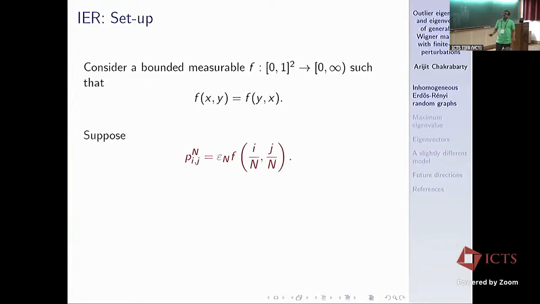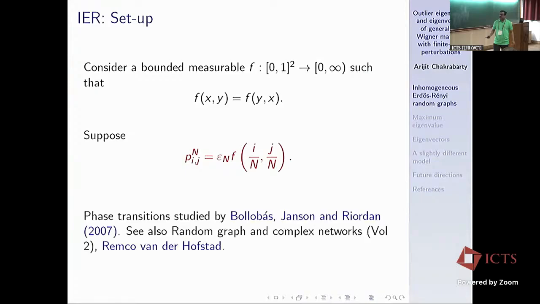The probability of having an edge between i and j is epsilon_n times f(i/n, j/n). Properties of epsilon_n will be talked about when the results come. Such random graphs have been studied in the literature for quite some time. So we consider adjacency matrices of such random graphs.